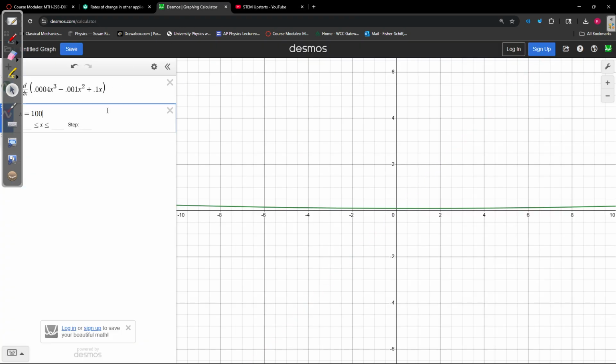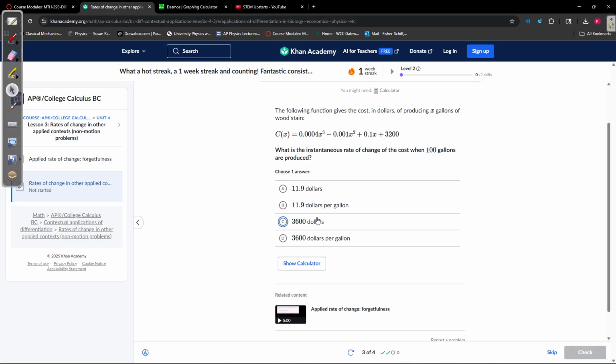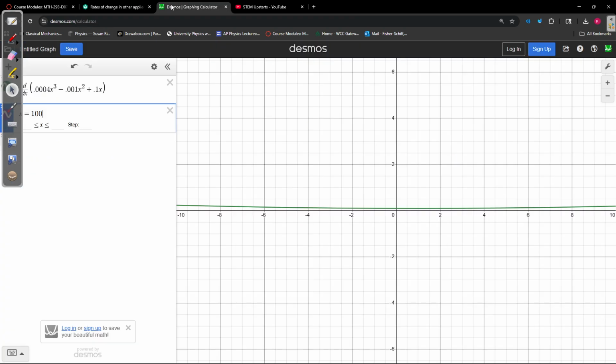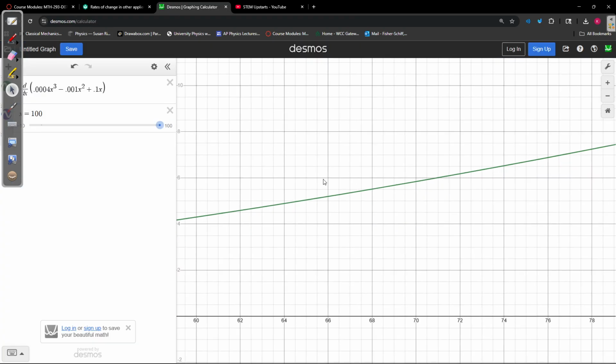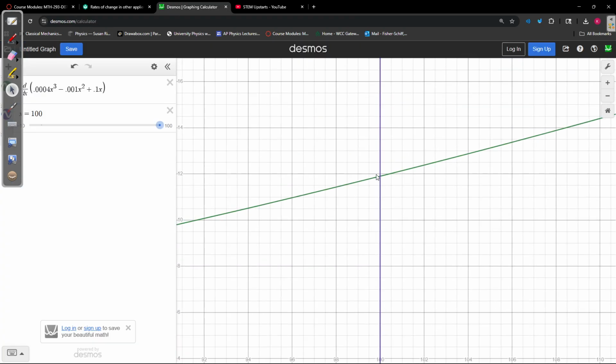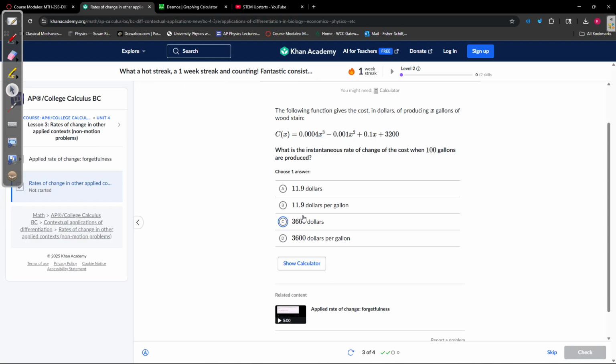And then it says when 100 gallons are produced. So we want to find this when x equals 100, because x is the gallons. So let's move our graph over here, and we find that it's 11.9.